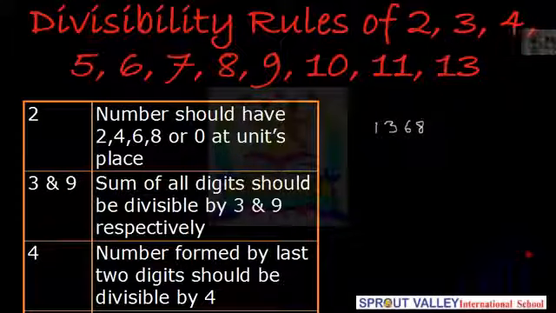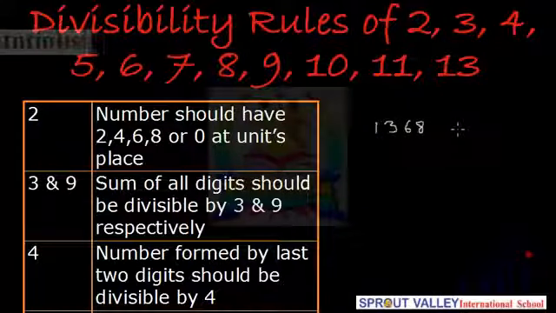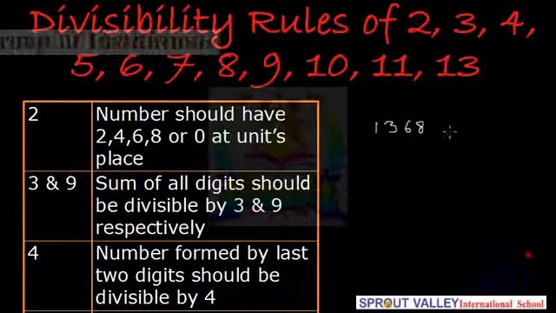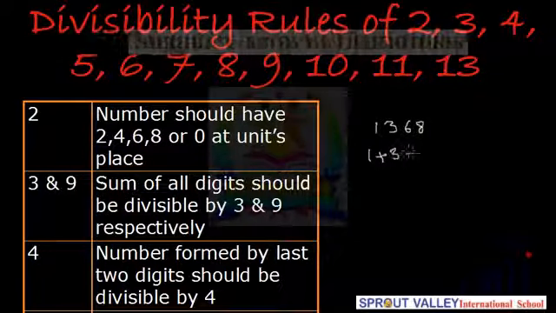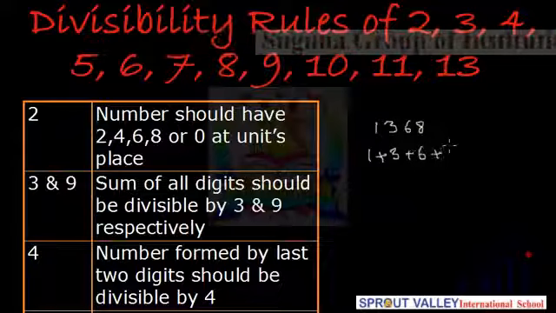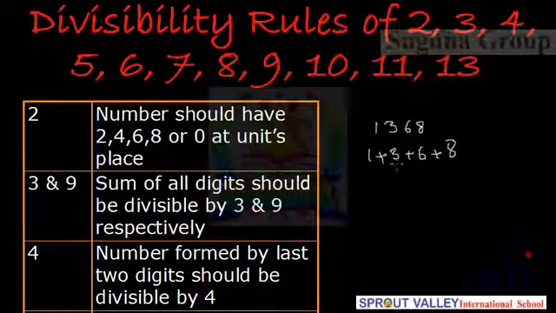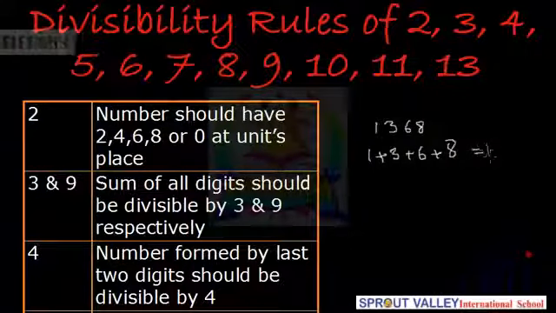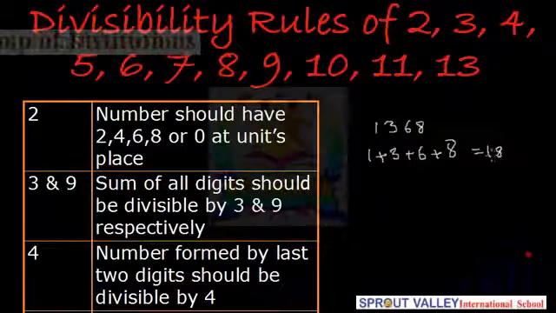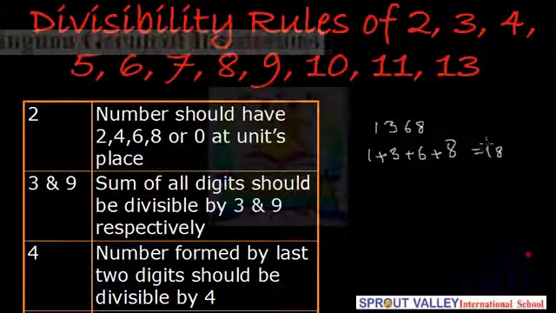So if I take a number like 1368, if I want to check its divisibility by 3, what I have to do? Yes, first thing is I have to add all the digits. So I have to do 1 plus 3 plus 6 plus 8. 1 plus 3 is 4 plus 6 is 10. 10 plus 8 is 18. Right? This 18 should be divisible by 3.